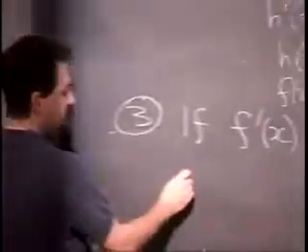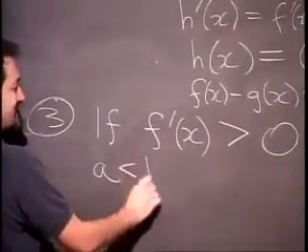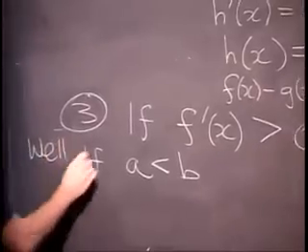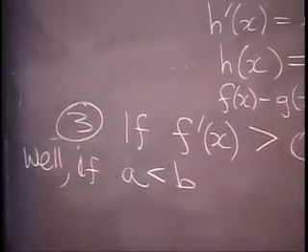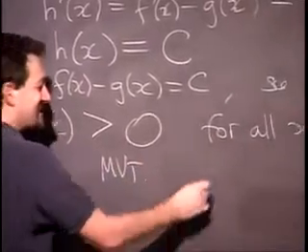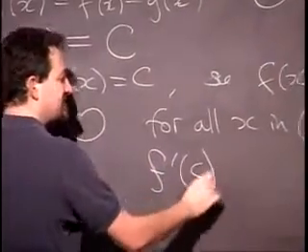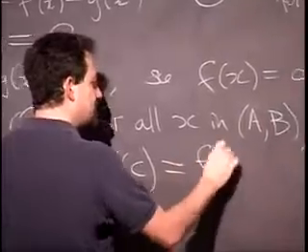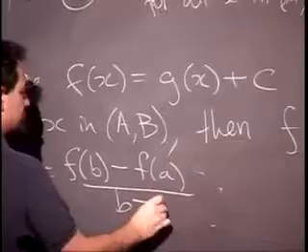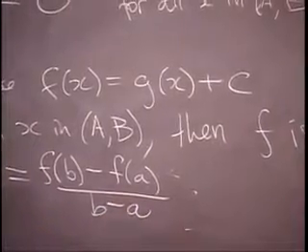Well, suppose we pick any points a less than b. Well, if a is less than b, we can use the mean value theorem and say that f prime of c is f of b minus f of a over b minus a. Now, what can you tell me about f prime of c?